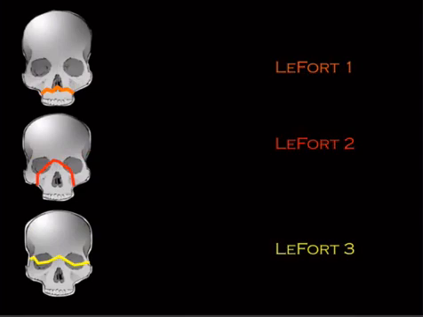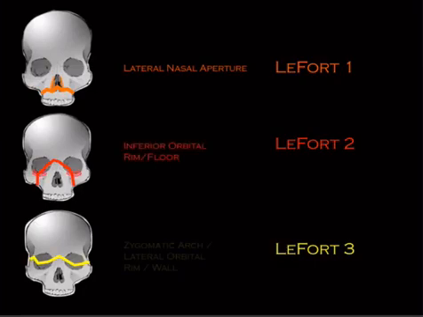Type 1 has a fracture right here, the lateral nasal aperture. Type 2 is the inferior orbit, see that? And then type 3 is the lateral orbit, or the zygoma. Anyway, if you can remember this picture right here, plus the fact that the pterygoids are involved in all 3, then boom, that's all you need to know to answer them.